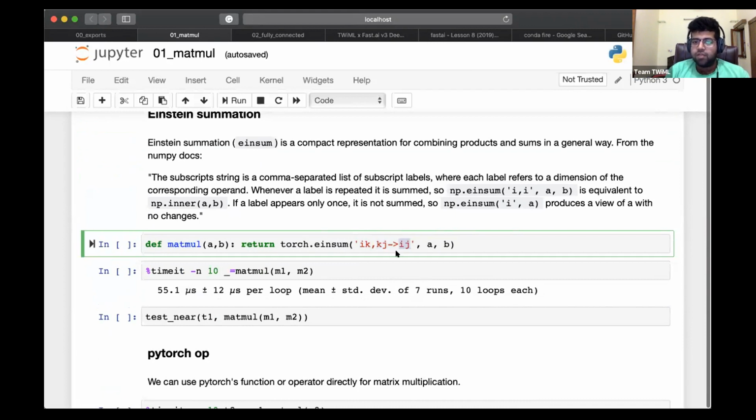So that's how it's being written. And if you know the multiplication, the internal two numbers of the source matrices should match. So that's understanding Einstein summation. And this is again ridiculously fast, is what I was able to take away from this.